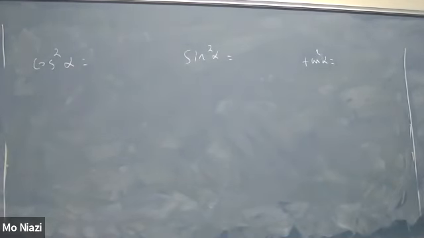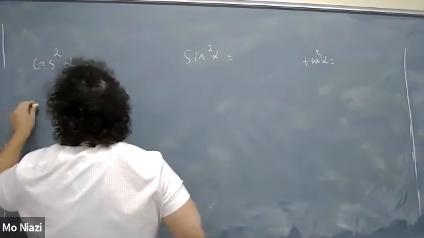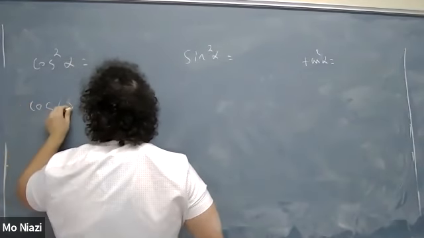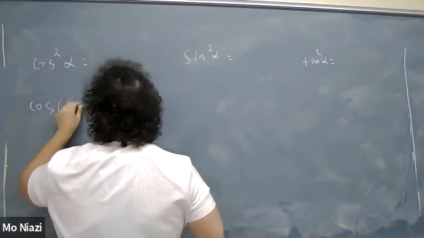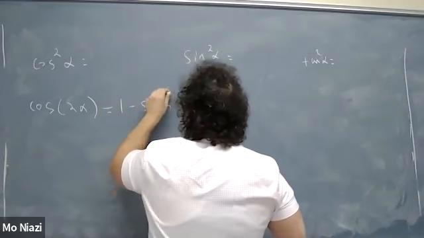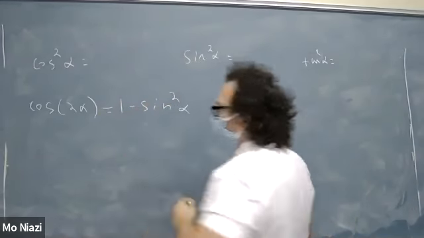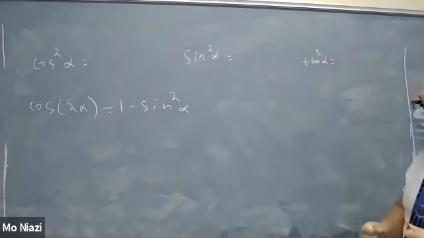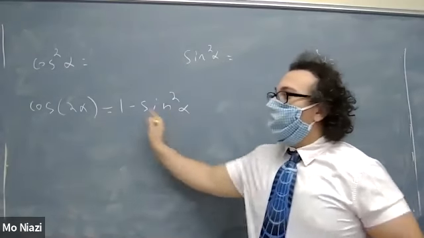Well, remember our good old cosine of 2 alpha? This is a very useful identity because it had 3 different formulations. One of the formulations was that it equaled 1 minus 2 sine squared alpha. But notice that sine squared alpha, if we wanted to reduce its power, we could just solve for sine squared alpha in this.